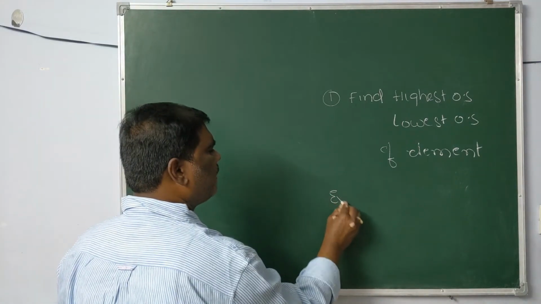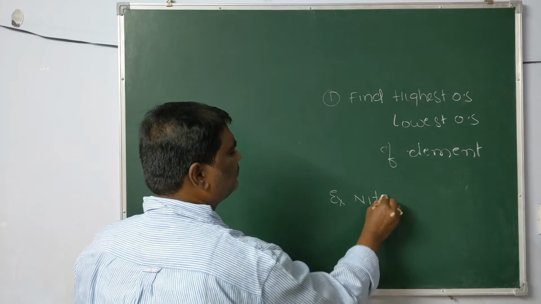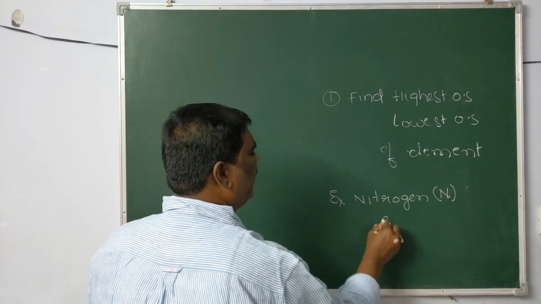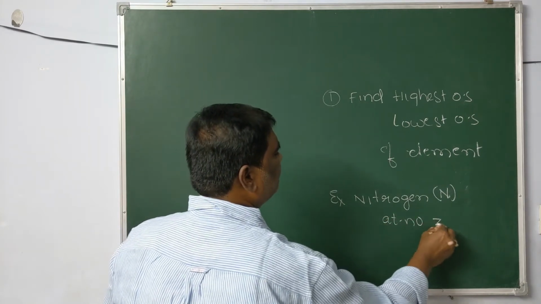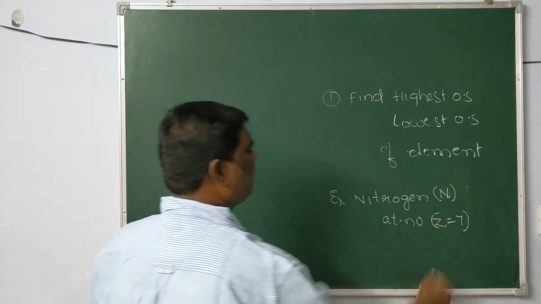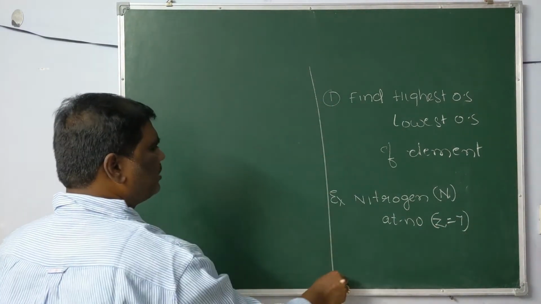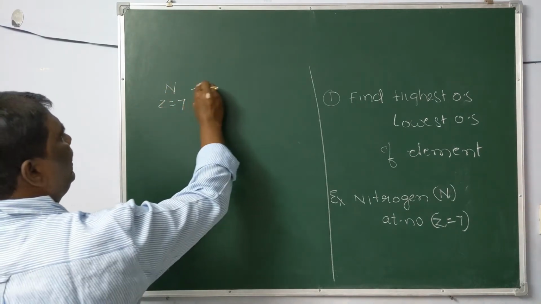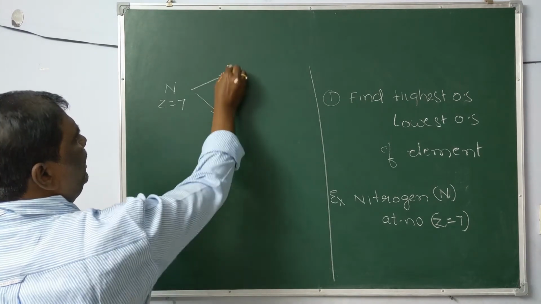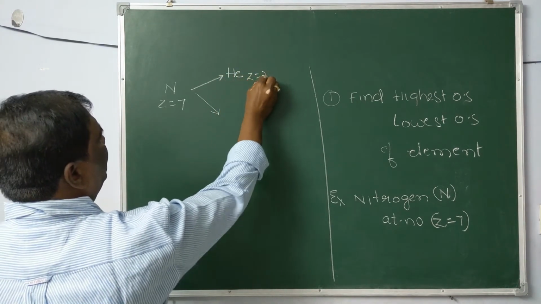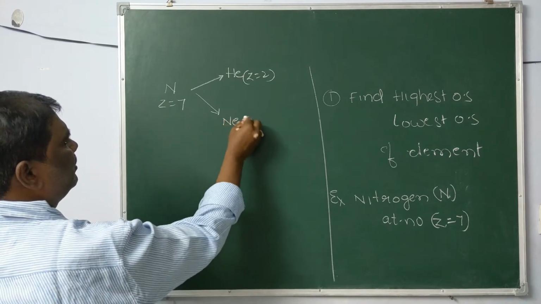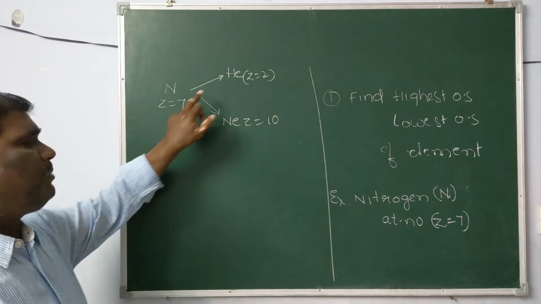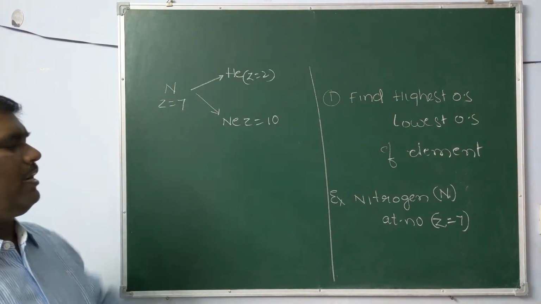For example, nitrogen, represented by N, atomic number of nitrogen is 7. Nitrogen with atomic number 7 is in between helium with atomic number 2 and neon with atomic number 10. 7 lies between 2 and 10.